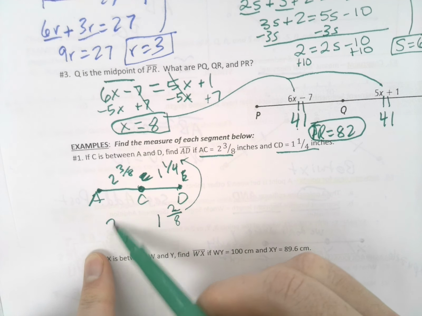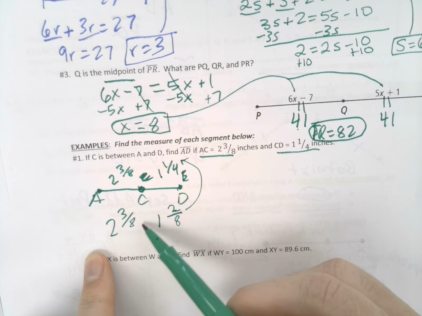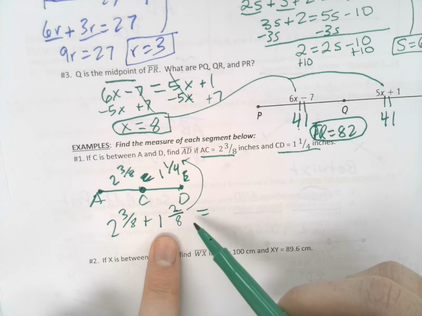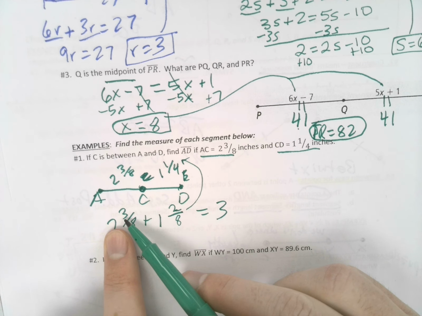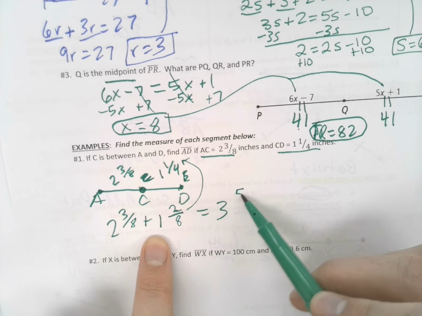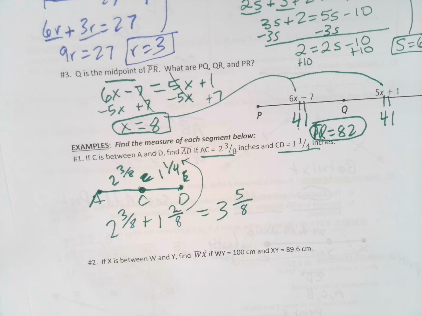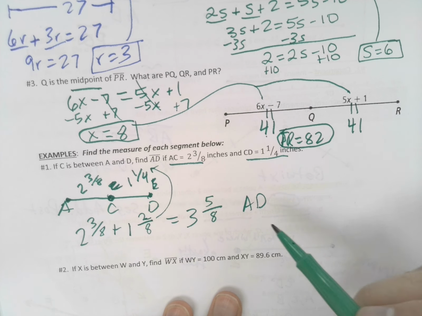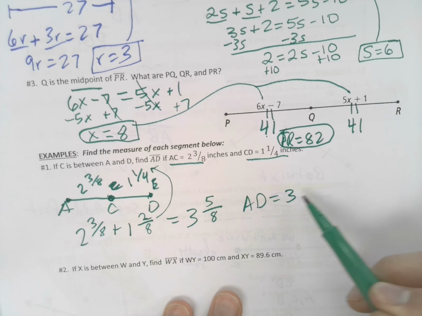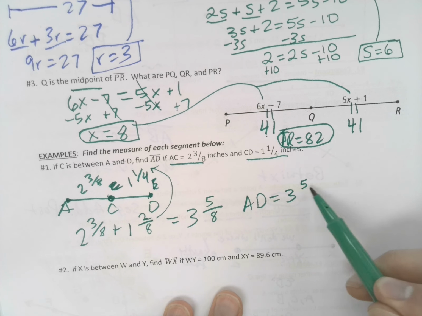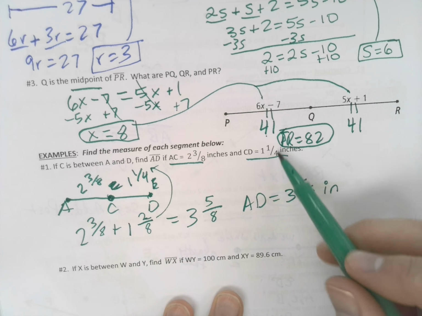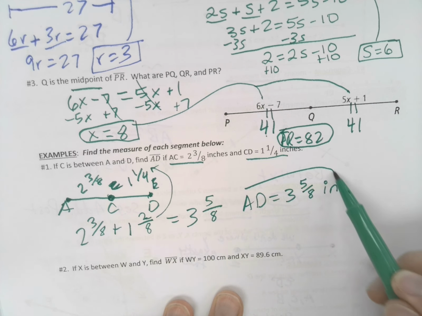And so we're going to add 2 and 3/8 plus 1 and 2/8. 2 plus 1 is 3. 3/8 plus 2/8 gives you 5/8. And so we can say that AD, not Anthony Davis, is 3 and 5/8 inches, because we're actually told this time what we're looking at.